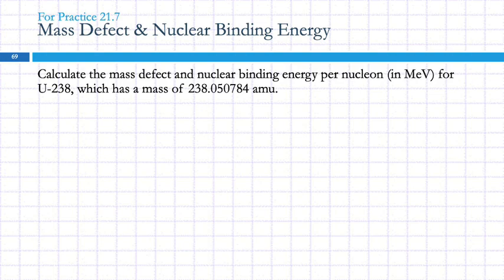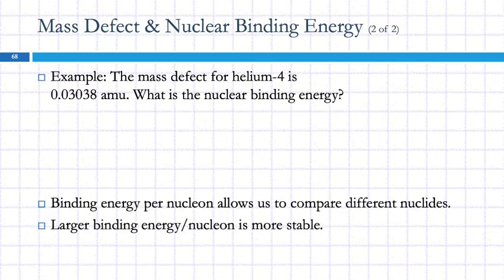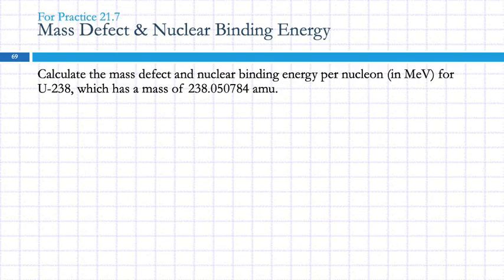Okay, so calculate the mass defect and nuclear binding energy per nucleon in mega electron volts for uranium-238, which has a mass of 238.050784 atomic mass units. So we need some more information here.